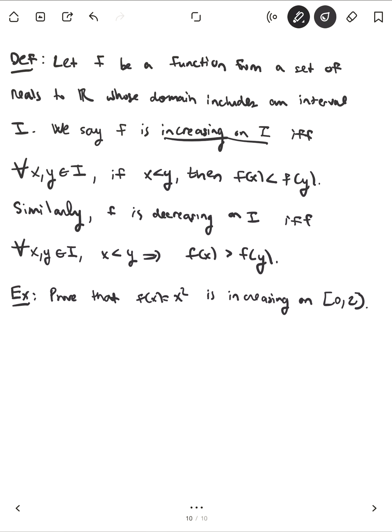Okay, so we're trying to prove it's increasing. So proof. Let x and y be taken from 0, 2 with x strictly less than y. So we assume x is strictly less than y.